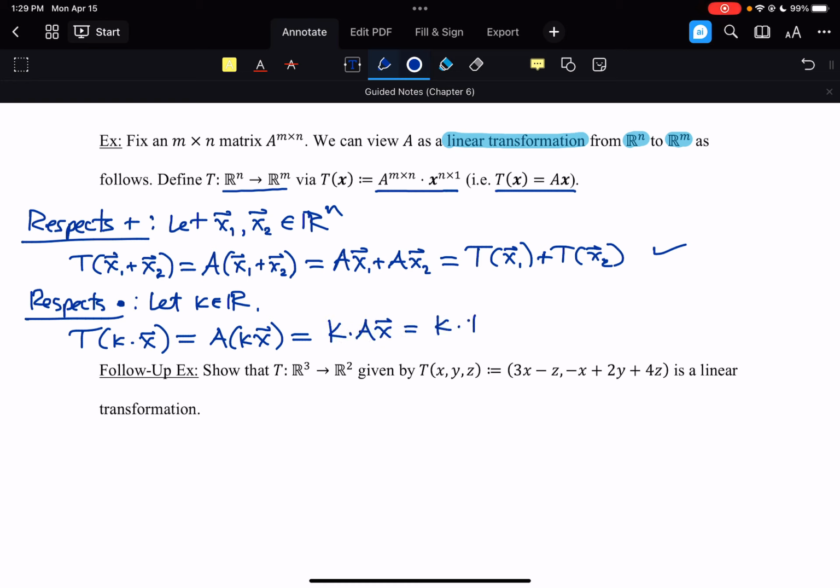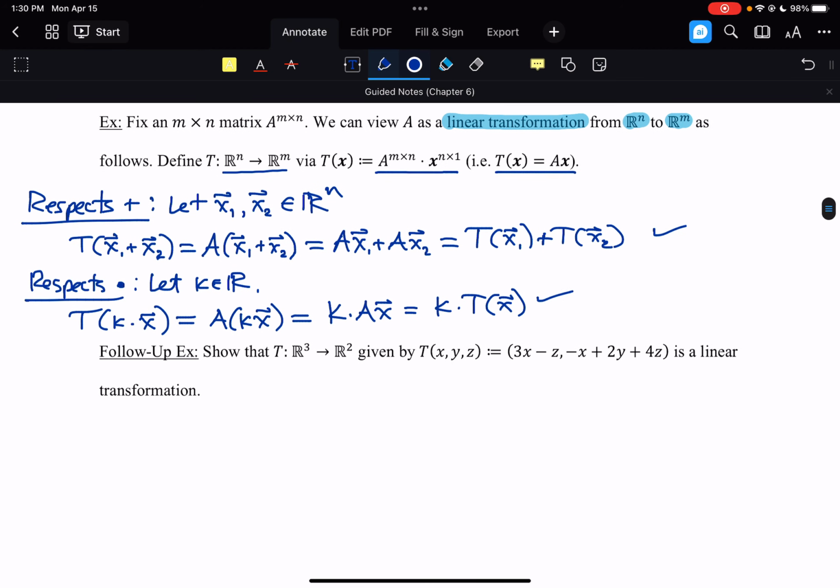And then that becomes the transformation of x. So it does respect scalar multiplication as well. So it turns out that this matrix A, when performing this matrix multiplication, can be used as a linear transformation to transform a vector from Rn to a vector in Rm.